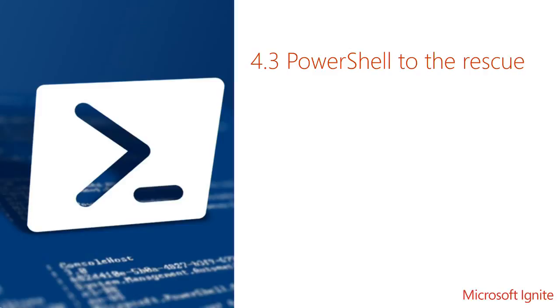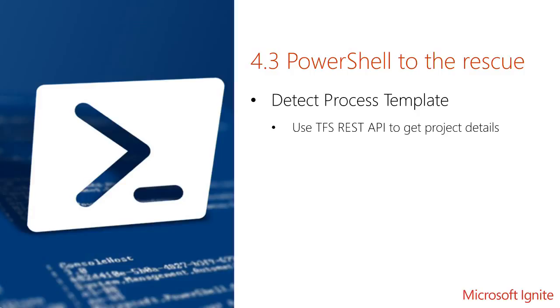So what I've done, I have built PowerShell scripts that detect process templates for each one of them. Now, with TFS 2015, you get REST API. And REST API gives you that flexibility that you can call it from PowerShell. And that's what is really neat about this. Those PowerShell scripts pull down the project work item definitions.